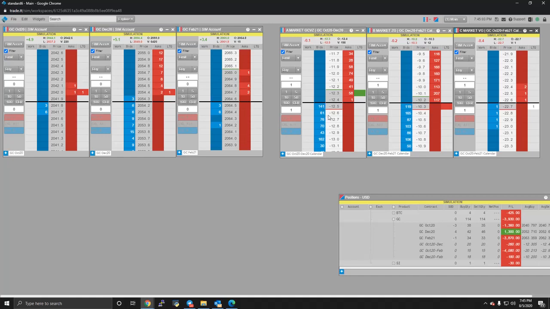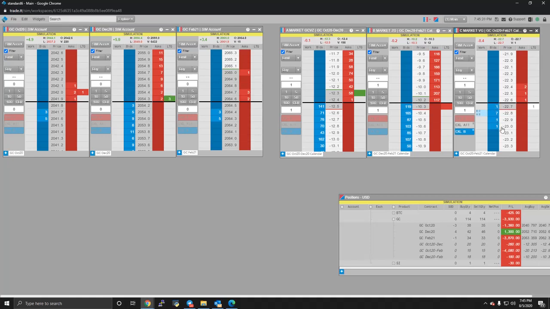So let's do the math now on the best bids and best offers and come up with a C market price. I see the A market bid at minus 12.5 and I see the B market bid at minus 10.3. So minus 12.5 plus minus 10.3 is going to be minus 22.8.